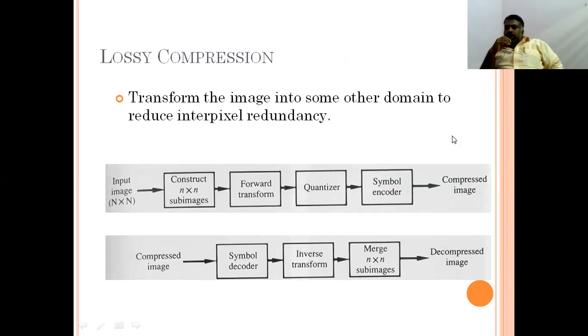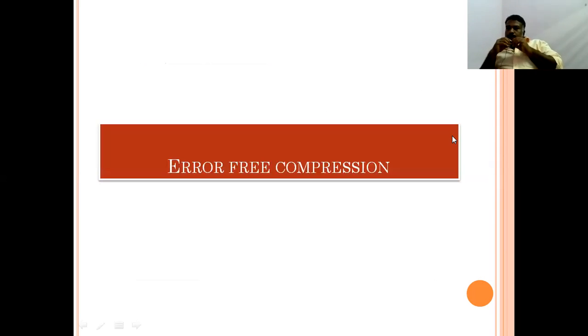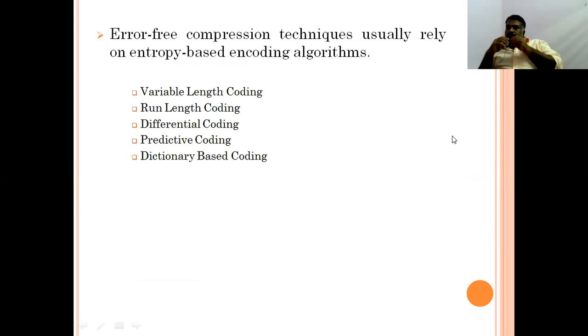The compressed image is the input in order to perform the decompression. The same thing is done in inverse manner: symbol decoder, inverse transformation, then merging the sub images.